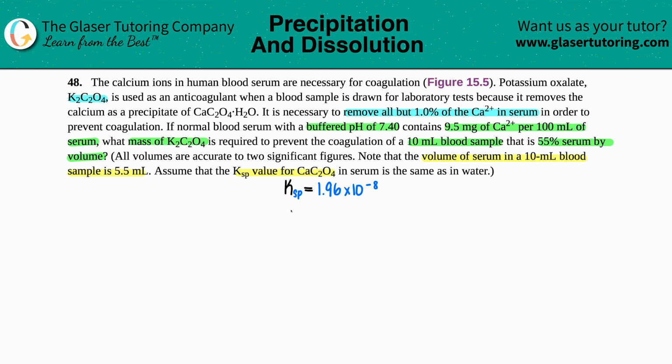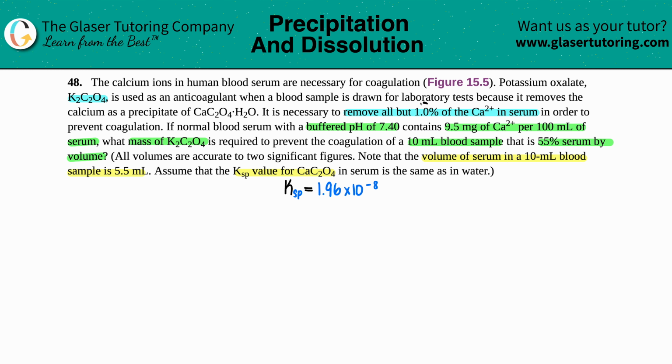Now remember, the Ksp value comes from the 2 ions, the calcium and the oxalate, right? CaC2O4. Now, what information do we actually know about? Do we know about calcium values or do we know about the oxalate values? Well, let's see.